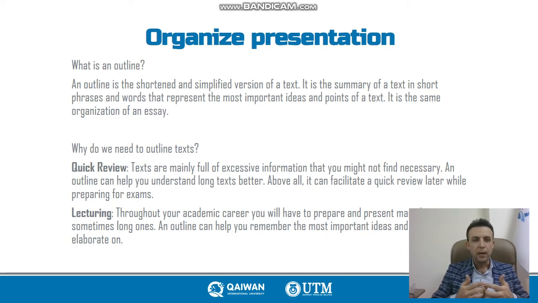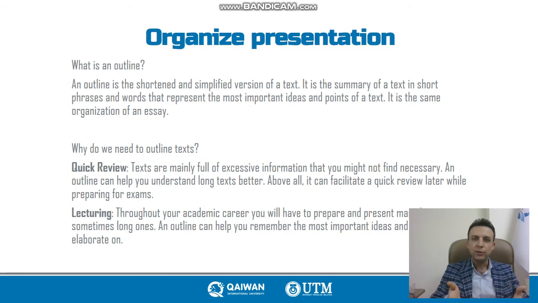We need an outline because of two main reasons. First, preparing a good outline can help you throughout your academic career. Why? Because you're already studying many different books, and there's a lot of information in the books, too many chapters.